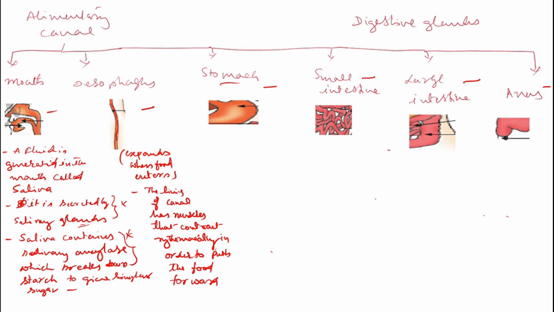Now we will discuss the stomach. This is very, very important, and there are many things to discuss. The stomach usually has HCl, pepsin and mucus. Now we will see one by one the role of HCl, pepsin and mucus in the stomach.